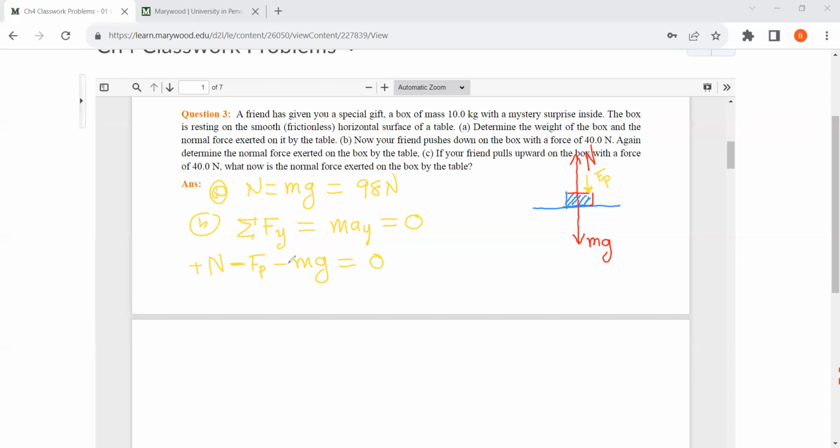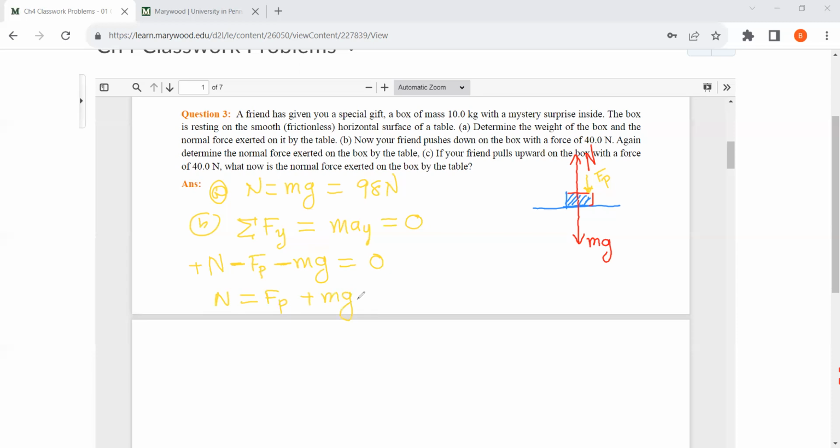So for Fp and mg we have a negative sign because they are downward. On the other hand, n is upward. So for upward we have a positive sign, for downward we have a negative sign. So n equal to Fp plus mg.